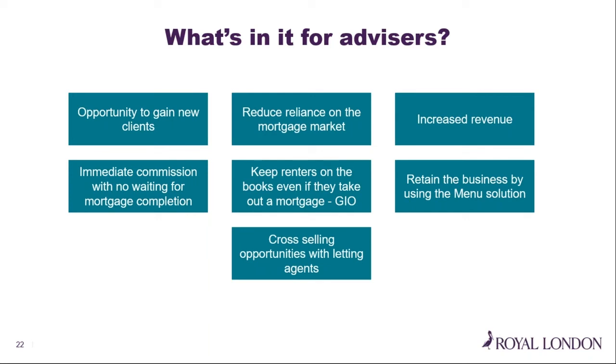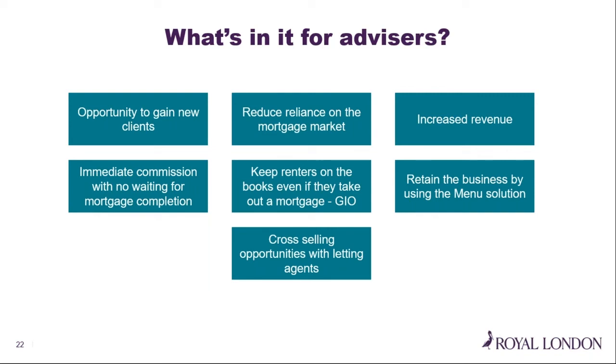And this business will be retained, as you can explain to them that their plan is flexible enough to change and grow with them if they decide to rent a bigger property or indeed decide to step foot on the housing ladder. And finally, there may be cross-selling opportunities with letting agents, such as thinking about that landlords need mortgages and protection too.